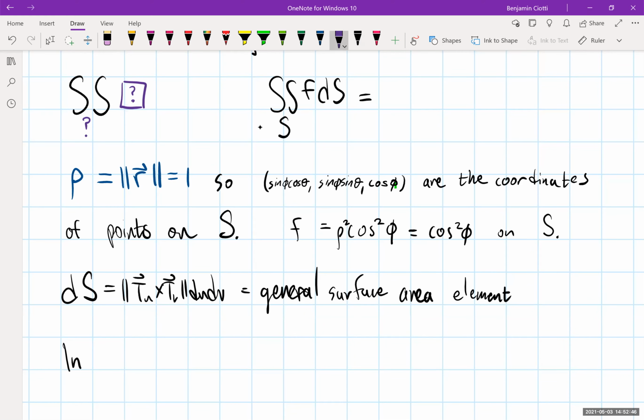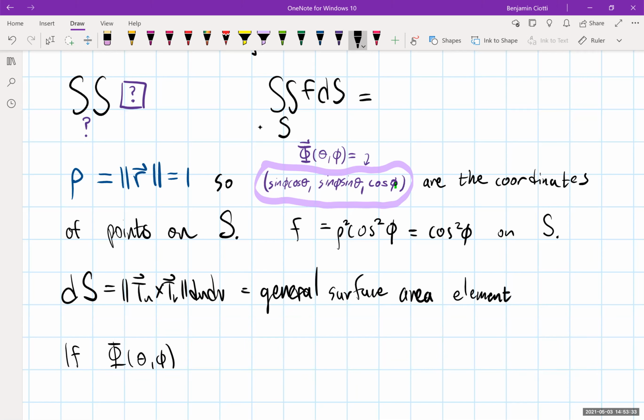For this one being your parameterization, for that being the function of theta and phi, if the parameterization of theta and phi equals that, then there's a specific form of the surface area element.